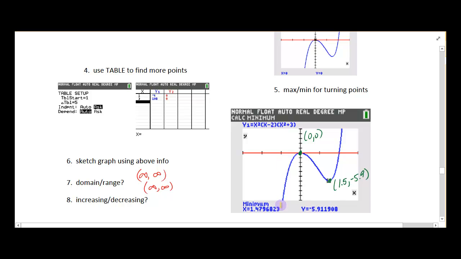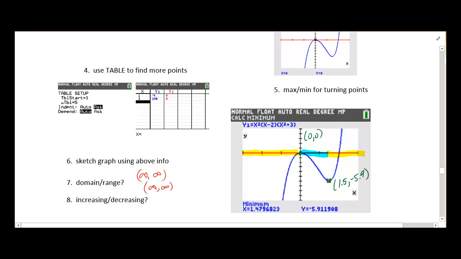So where is my function increasing as x is increasing? Where are my y values increasing? That's occurring here from negative infinity to 0. And then it's also occurring here from 1.5 to infinity. In between there, my y values are going down, and that's from 0 down to 1.5.